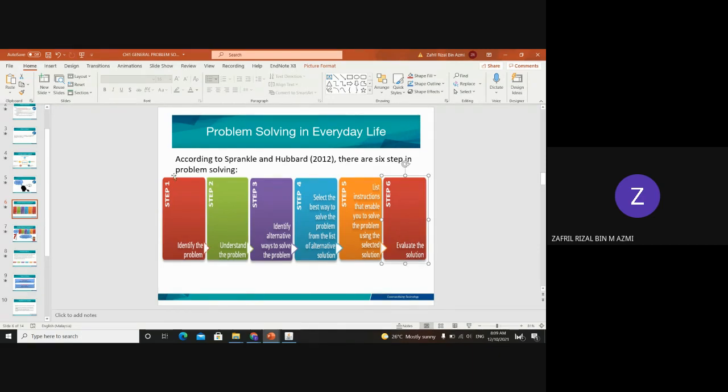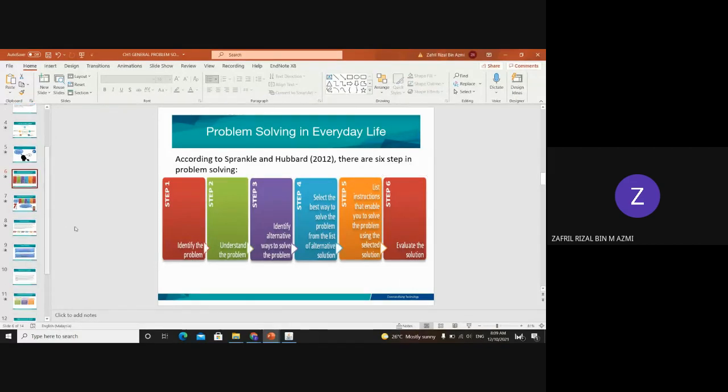But in general these are the steps. We modify the steps based on our scope of computer science to make them more related to software development. So you need to memorize this.